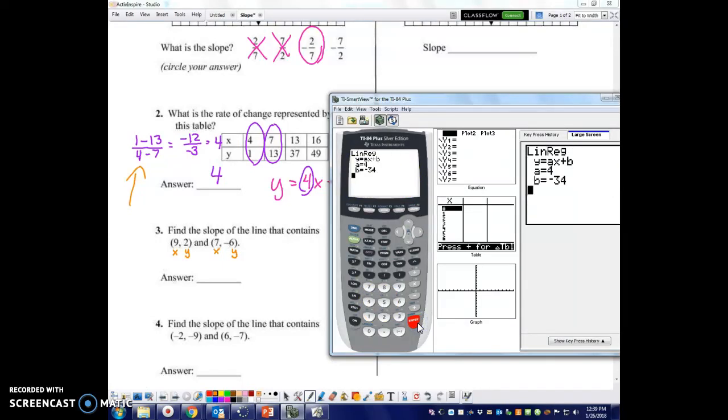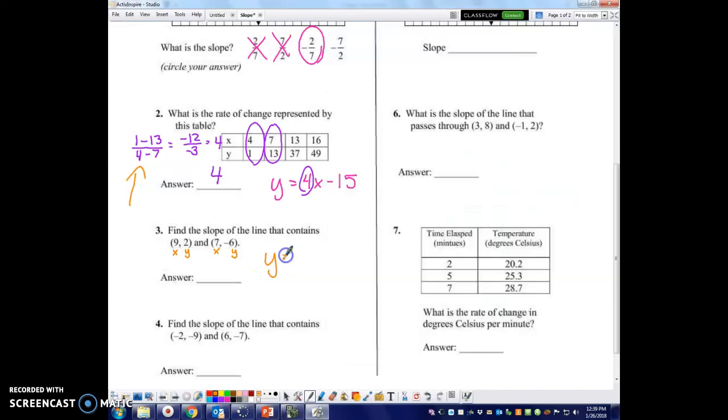So it tells us that our equation is y equals 4x minus 34. So what is our slope here? That 4? 4. Okay.